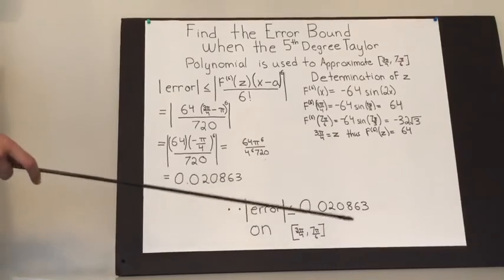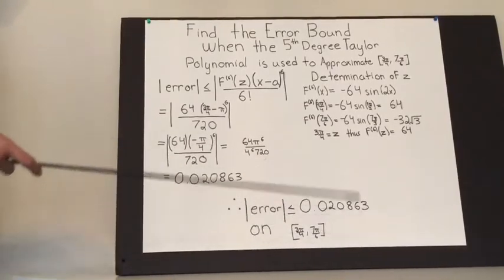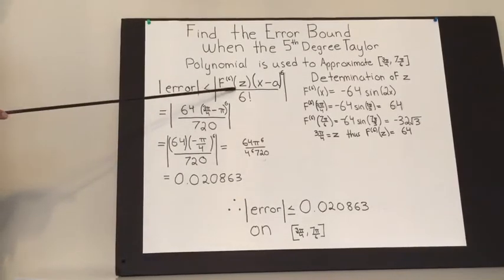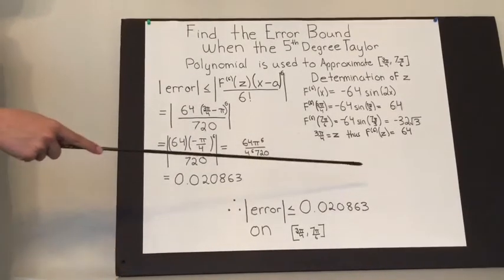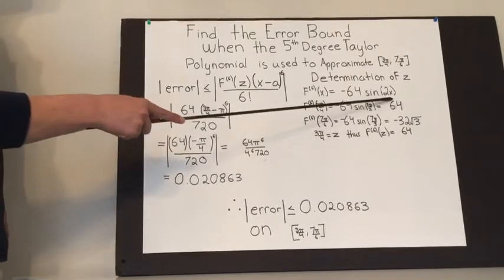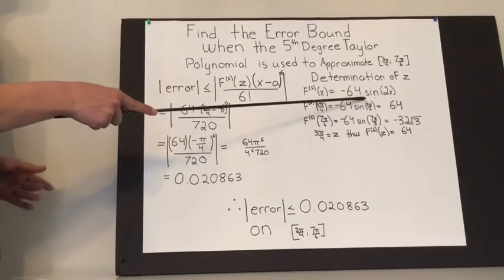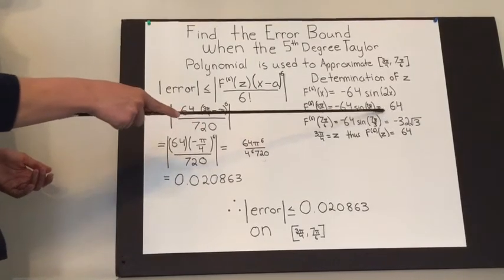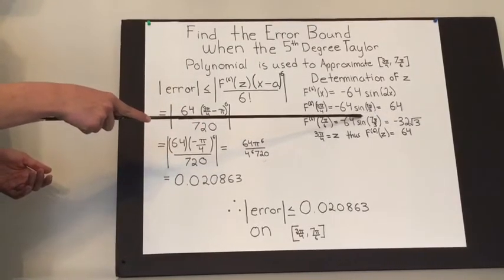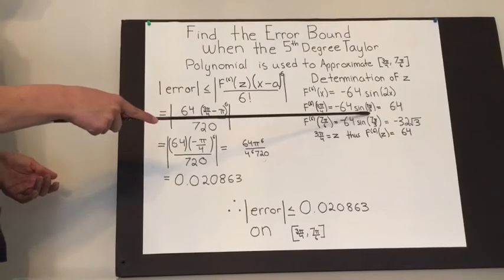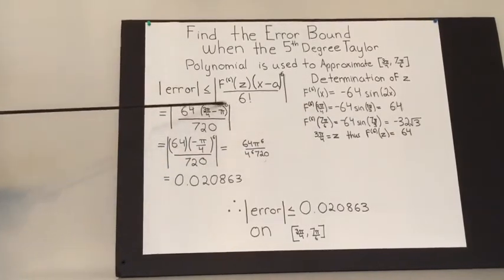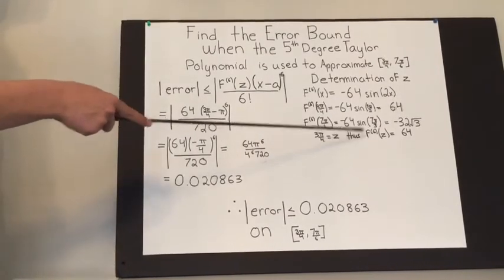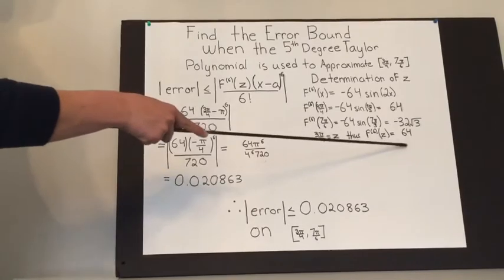When there is sine or cosine involved, or trig, we can always assume that f to that derivative of z will be yielded from the highest number which the trig can give us, which in this case the interval led to that highest number, 64, but we can always assume that sine or cosine will yield that one value, so that, again, this can stay true. Now, so we said that z is 3 pi over 4, thus the sixth derivative at z is 64.